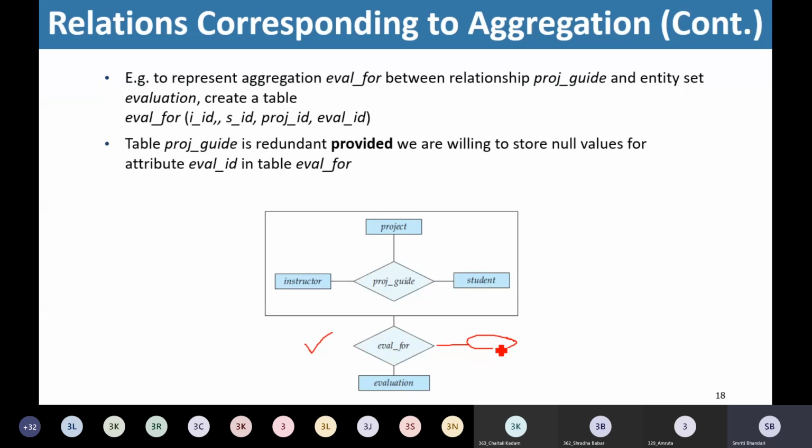In addition, if I have any descriptive attribute over here, I will add that in the associated table. So eval for will consist of instructor ID, student ID, project ID, and evaluation ID, and in addition we may have any descriptive attribute of eval for. So this is how we are going to form the table for eval for.